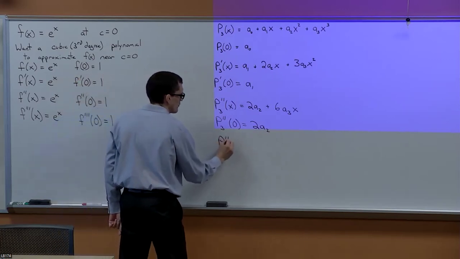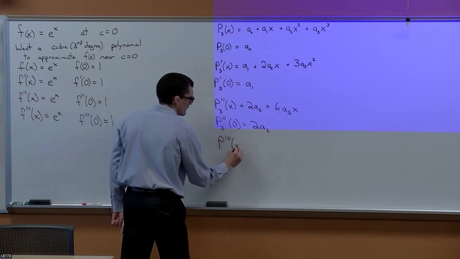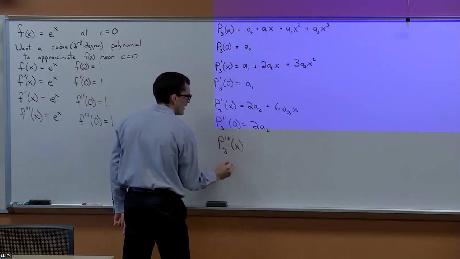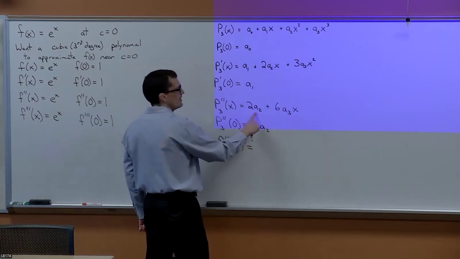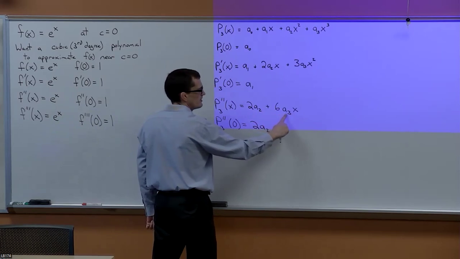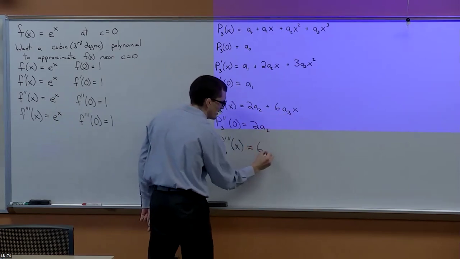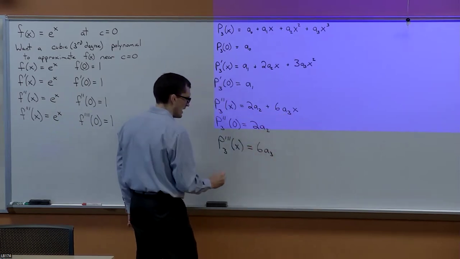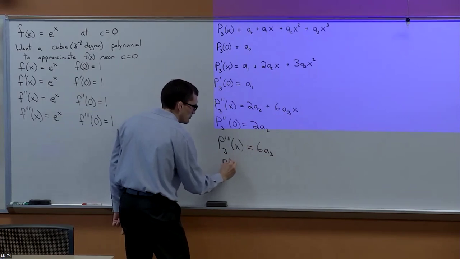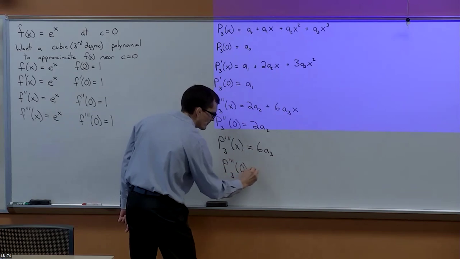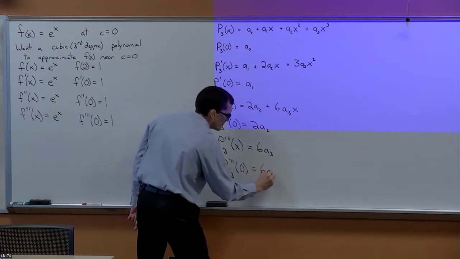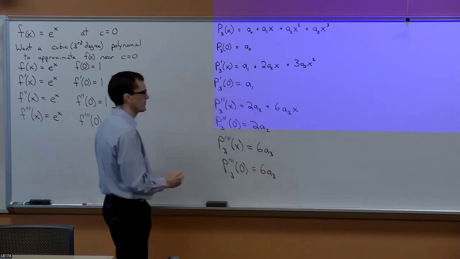Now let's check out a third derivative. A third derivative would just be a derivative of this. This becomes 0. This becomes 6a3. And notice that if you plug in 0, you get 6 times a3.